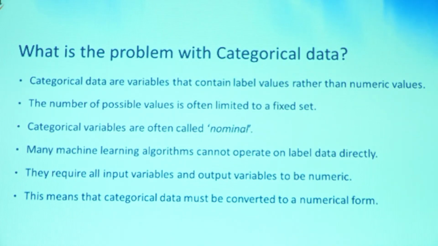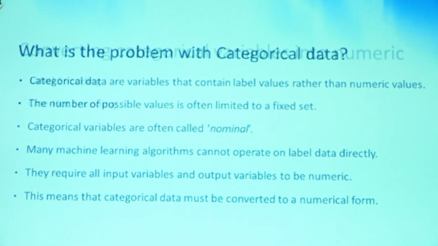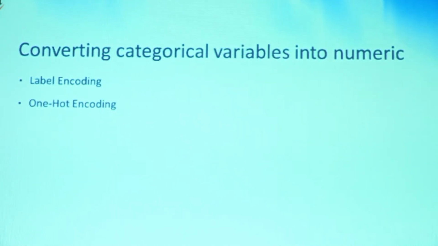Categorical data is often also called nominal data. There are two types of encoding techniques that you can incorporate into categorical data: one is label encoding, another is one-hot encoding. Label encoding means like petrol, CNG and diesel: it can give petrol as label 0, CNG as 1 and 2, like that, depending on how many categories you have.